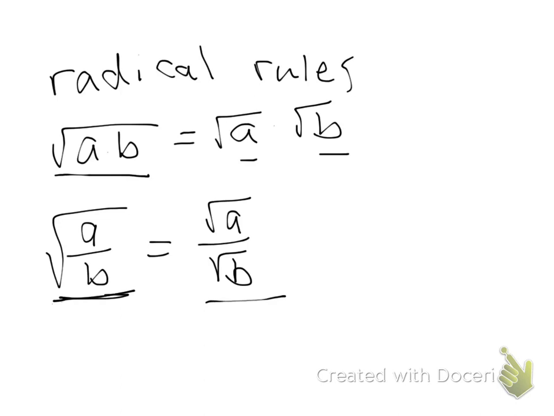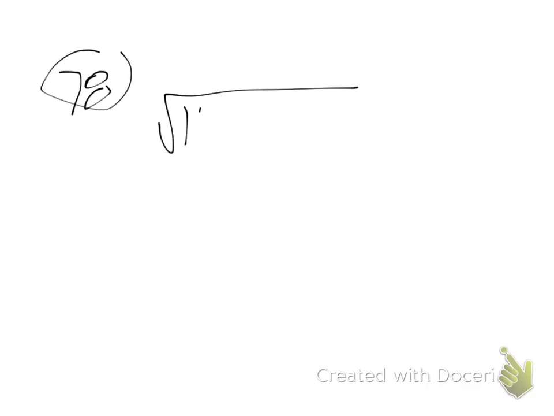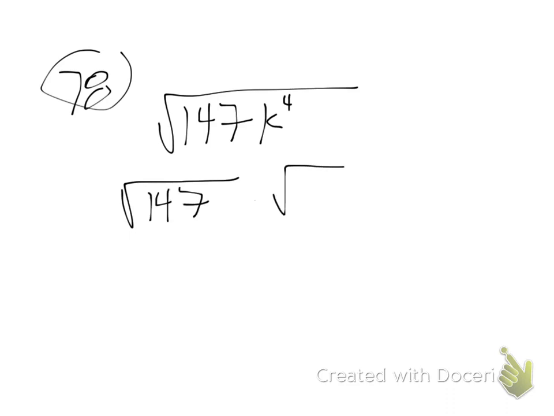So our problem number 78 says the square root of 147 k to the fourth. What I'm going to do first is rewrite this as the square root of 147 times the square root of k to the fourth. I'm going to look right away and see, okay, the square root of 147 is 7 times 21.